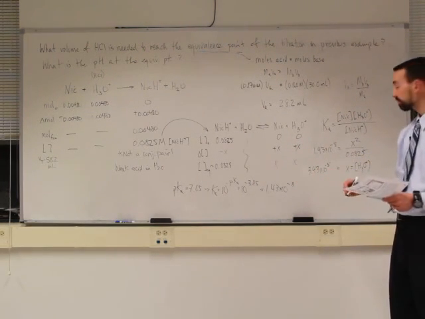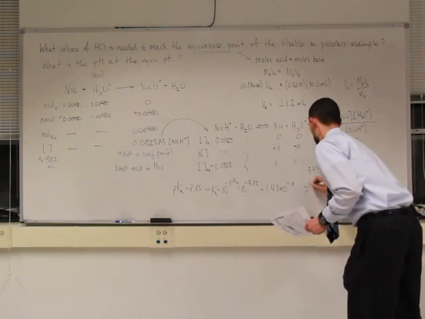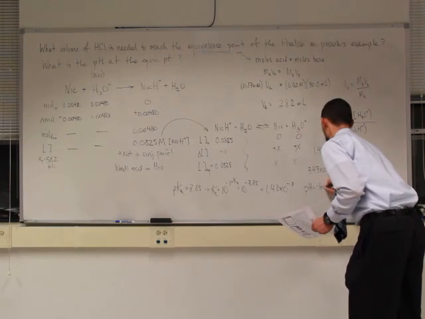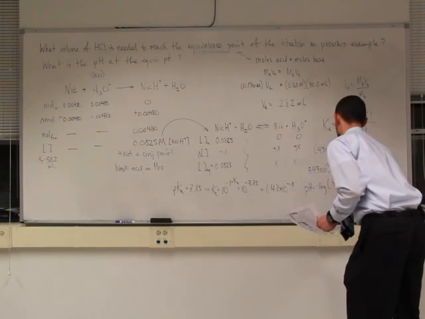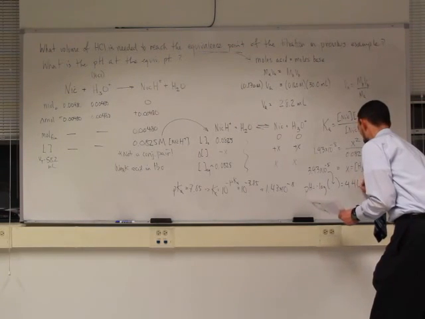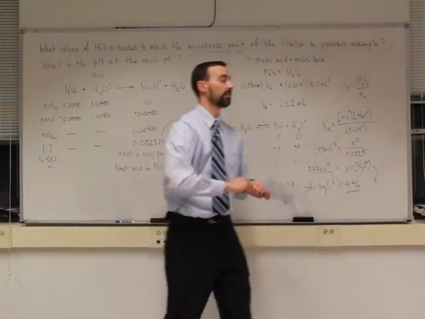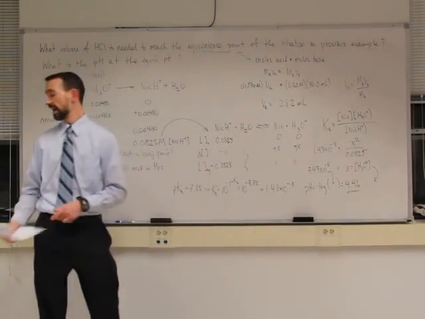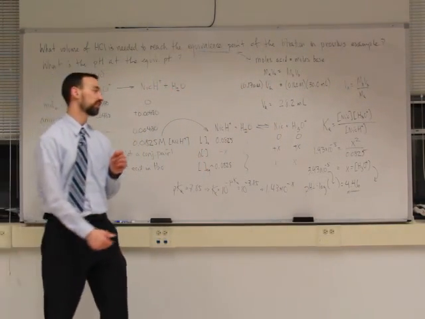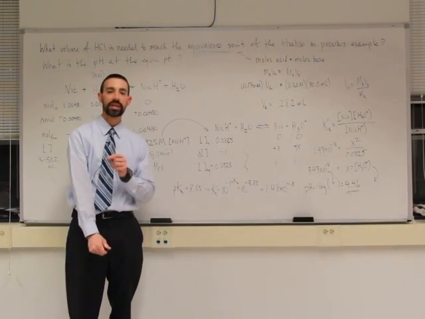All right? And so how do we end this problem? pH is equal to the negative log of this value. So the pH is 4.46. Does that value make sense? Yes, because the equivalence point has a pH that is below 7 for a strong acid, weak base titration.